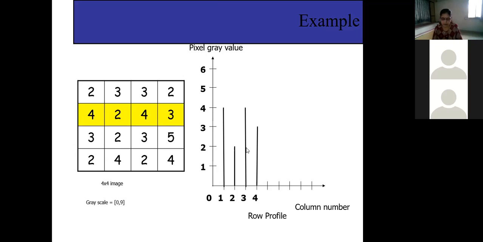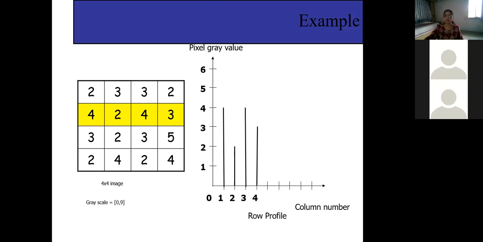Now just answer one question. Say I have an image with a chessboard pattern, with black and white squares. How will the profile of any row look like? Can you describe that profile? Please type your answer.